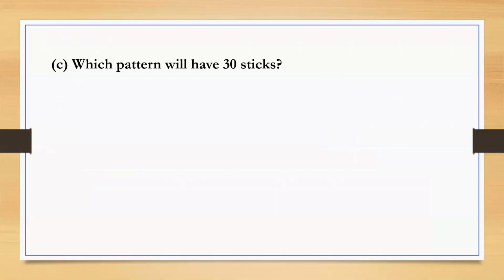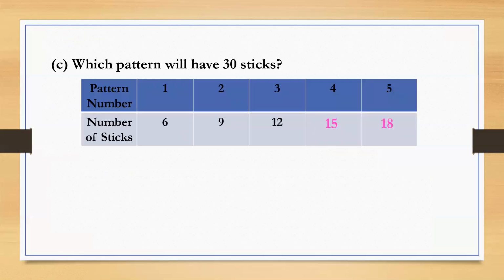So which pattern will have 30 sticks? So this is from the previous part. Now to find out which pattern will have 30 sticks, as I mentioned, we are adding 3. So pattern 9 will have 30 sticks.